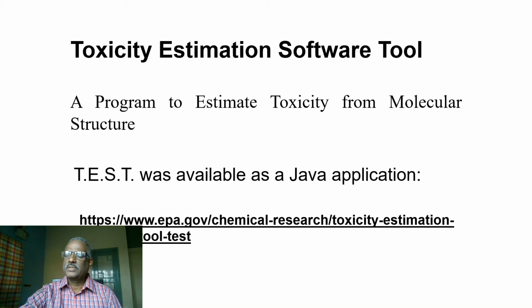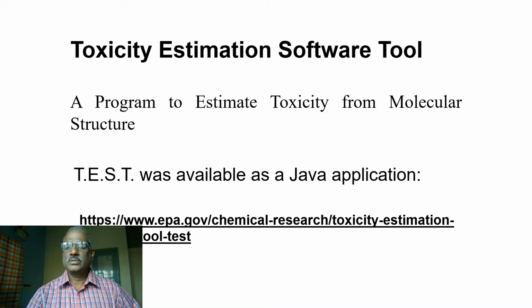It is used to estimate the toxicity of chemicals using QSAR methodologies. As you know, QSARs are mathematical models used to predict measures of toxicity from the physical characteristics of the structure of chemicals, otherwise called molecular descriptors.